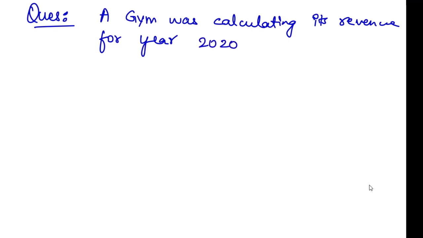I am now changing the years just to make you feel comfortable with respect to different years. Question may be in any year, maybe 2023, 24, 25, or maybe previous years. So just take it 2020. What we are doing? We are calculating the revenue for year 2020.